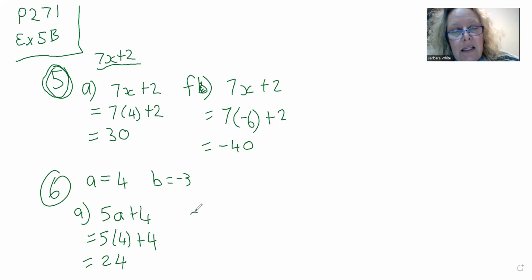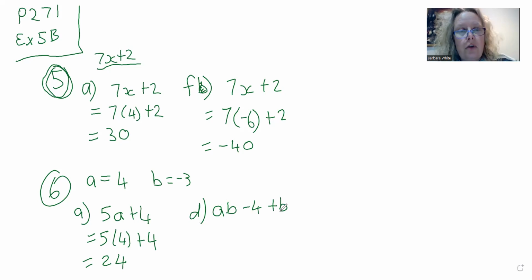Then I saw part D, and it's a little bit more complicated. It says AB minus 4 plus B. Now remember, what's really important here, if you're finding that this looks difficult, I want you to write it anyway, and then I want you to substitute the numbers anyway.